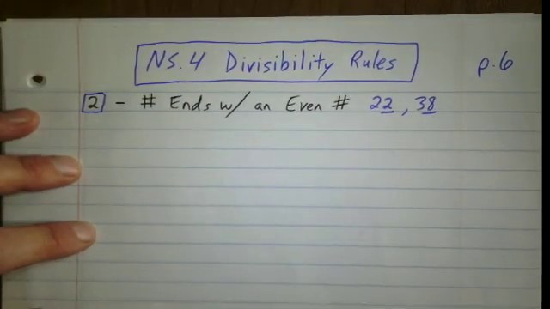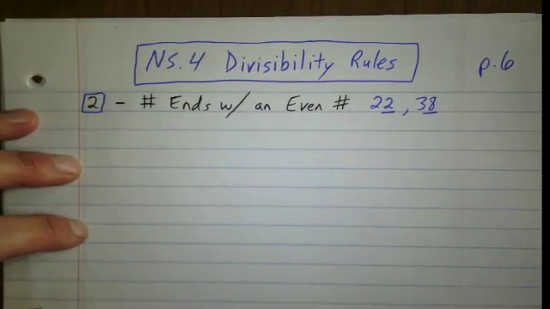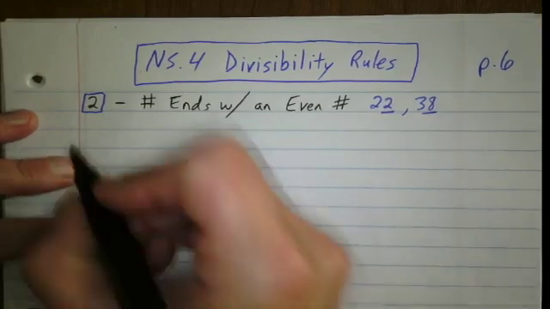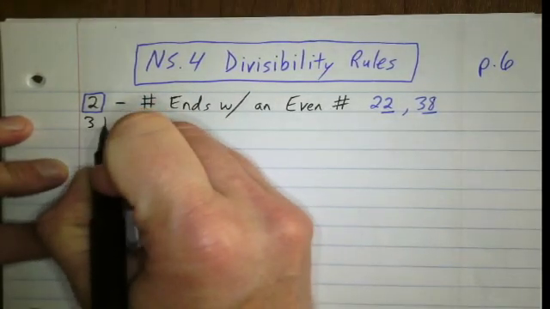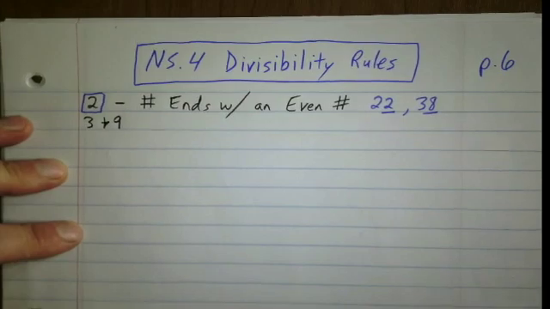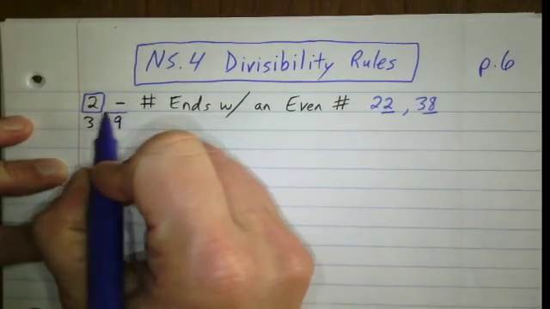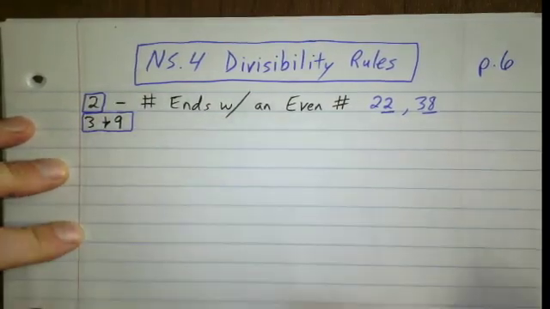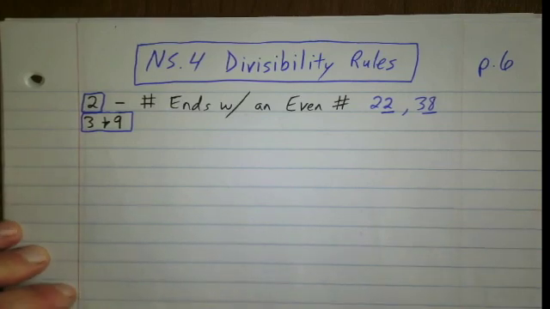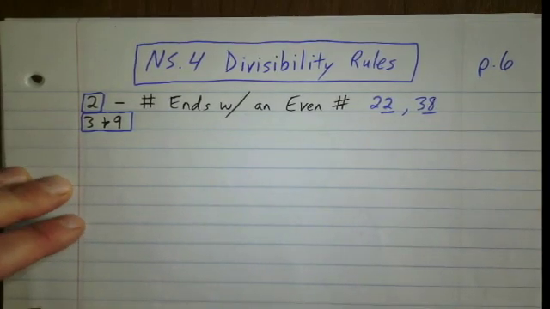Those are even numbers. How do you know if it could be divisible by 3 and 9? They have similar rules. So I'm going to put 3 and 9 together. 3 and 9. You're going to add the numbers, and then they have to be a multiple of 3 and 9. So here's how this works.